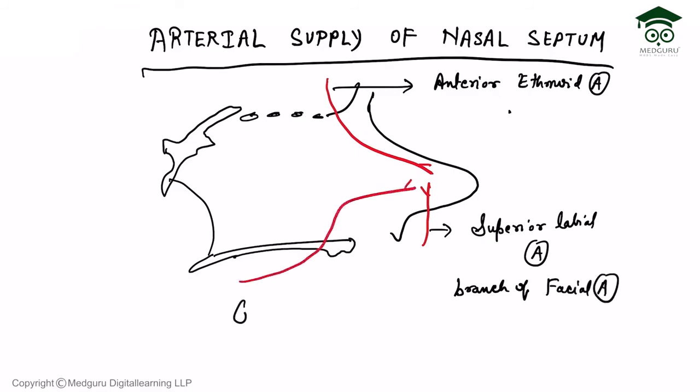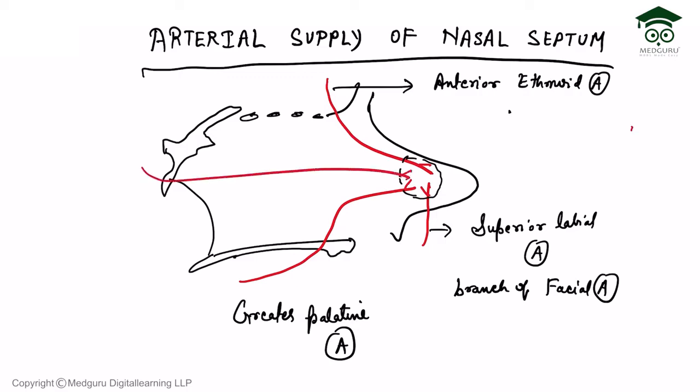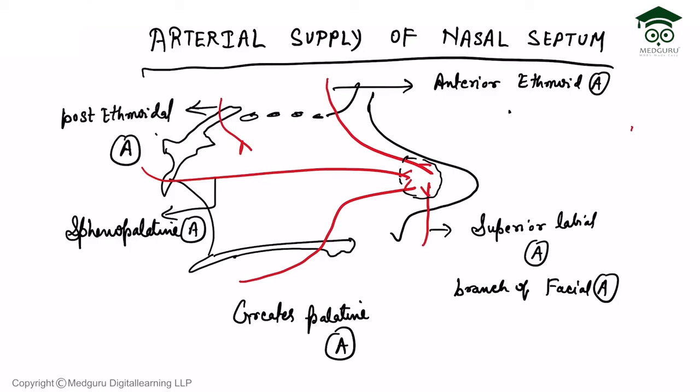Then the greater palatine artery, the sphenopalatine artery, and the posterior ethmoidal artery. In this figure you can appreciate that the branches of the superior labial, greater palatine, sphenopalatine, and anterior ethmoidal arteries all converge at an area which I have encircled.